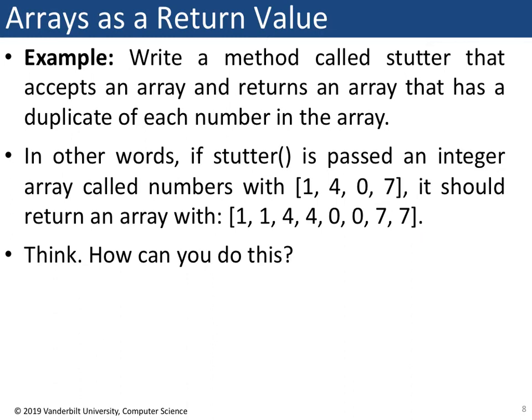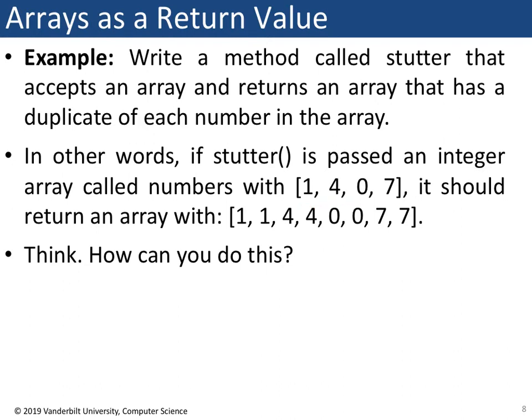So if you find yourself in a situation where you need to change the length of an array, or if you find yourself in a situation where you want to have both the array that you passed in as well as the modified version, then it's probably best to return a new array and leave the original object unchanged. These are some of the reasons why you may want to return an array as a value rather than modifying the object which was passed in.